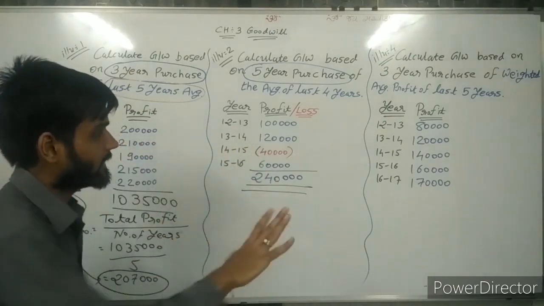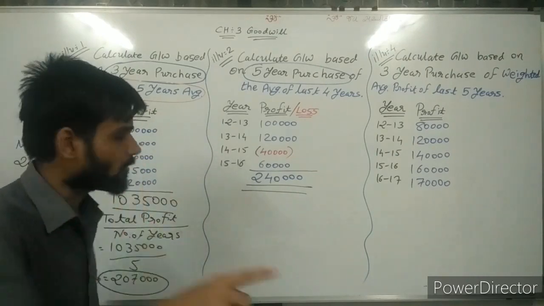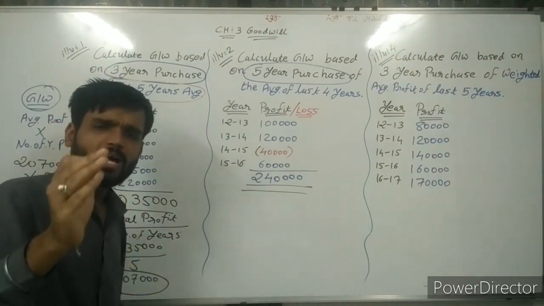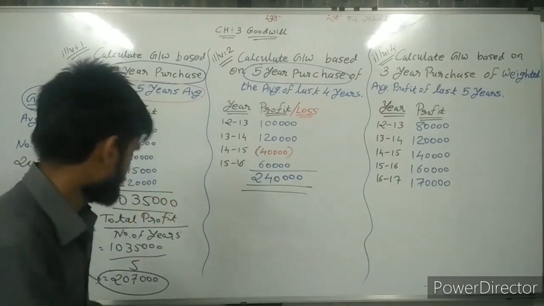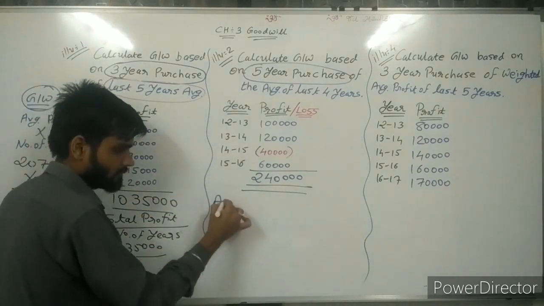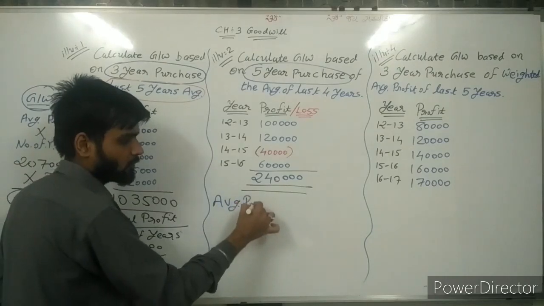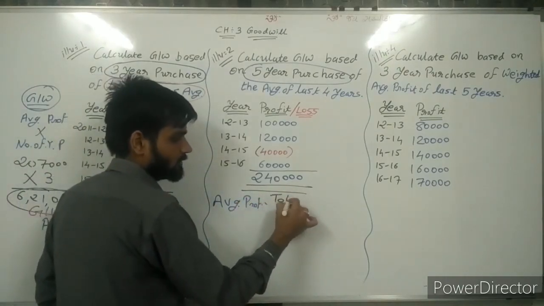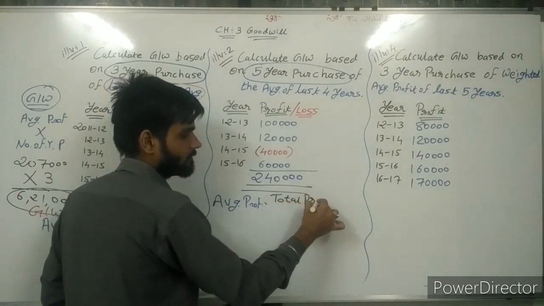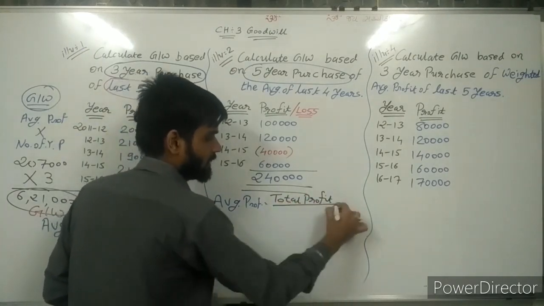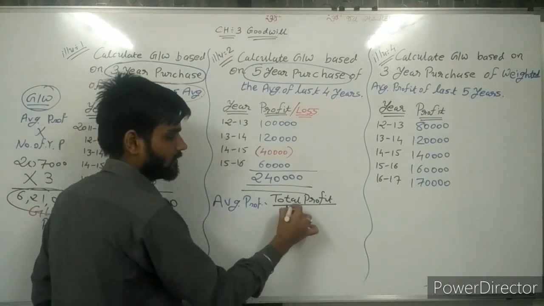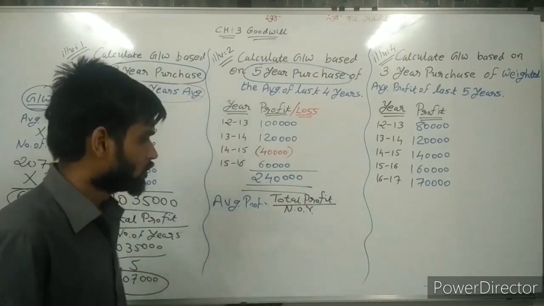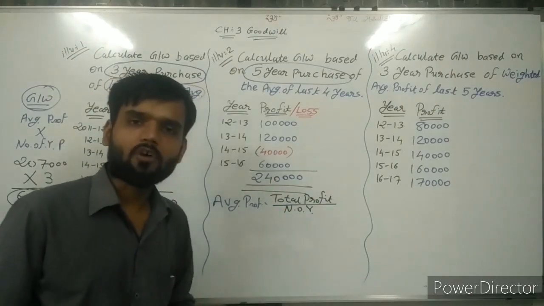So first of all, again, average profit is required, so total profit is not needed. First find average profit. Again, the average profit formula: average profit is equal to total profit divided by number of years.